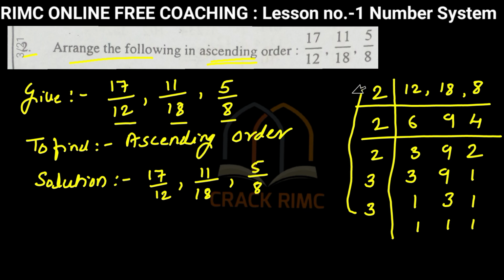To find the LCM, we have to multiply all these factors. So we can write 2 into 2 into 2 into 3 into 3. Here we can write LCM is equal to, 2 2s are 4, 4 2s are 8, 8 3s are 24 and 24 3s are 72. So our LCM will be 72.